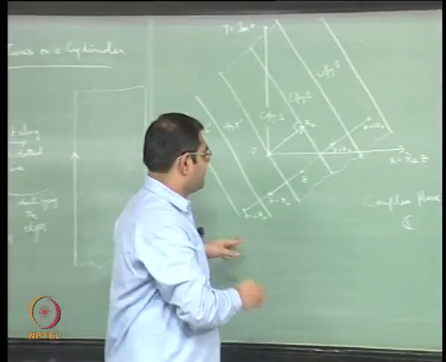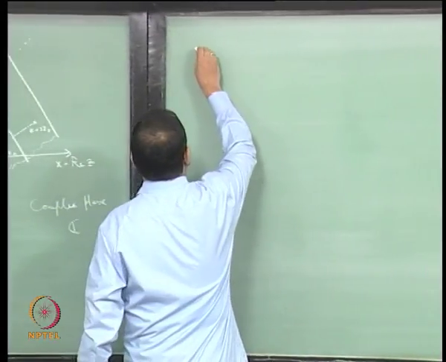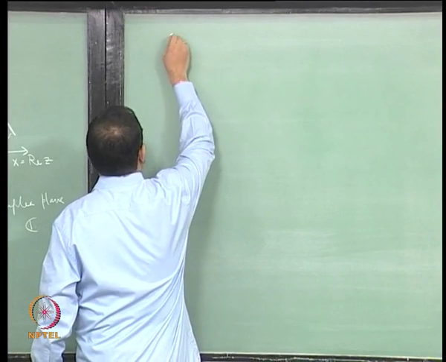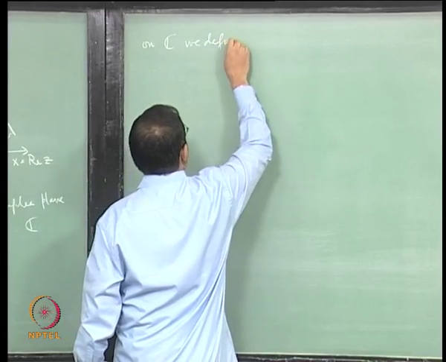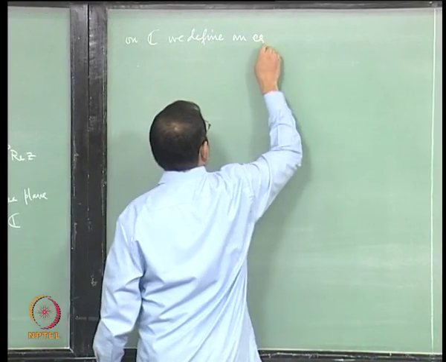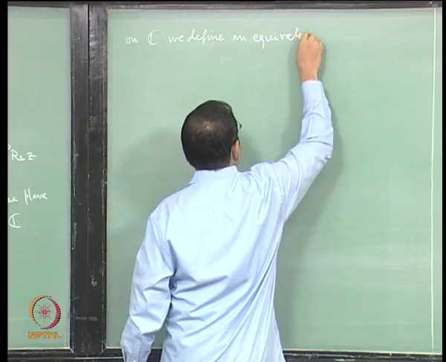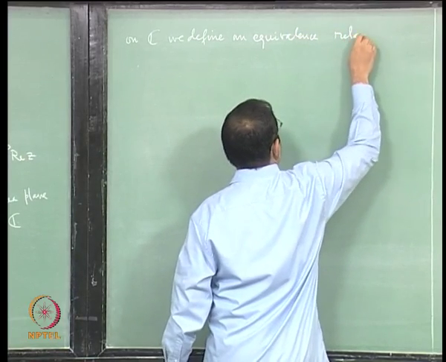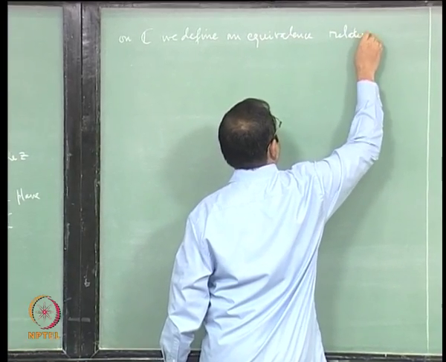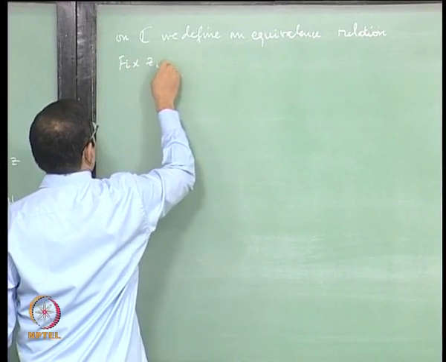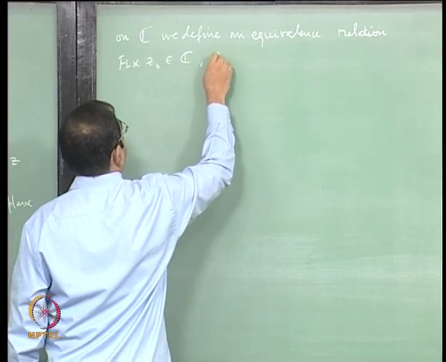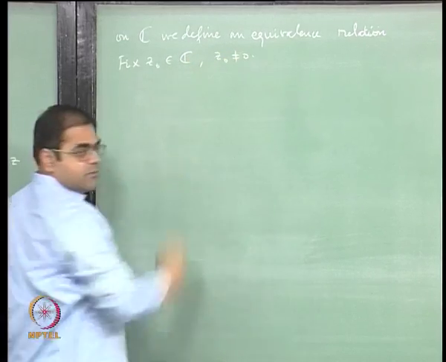So we do the following thing. We take the complex plane, we define an equivalence relation. What you do is you fix a complex number z0, and make sure that z0 is not 0.